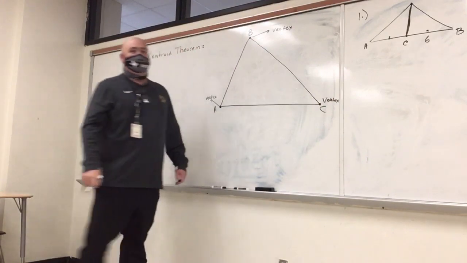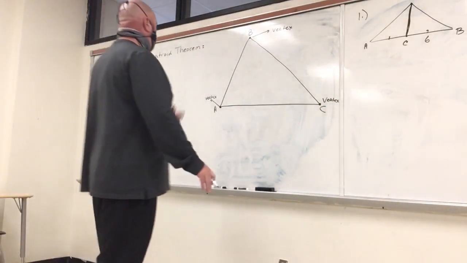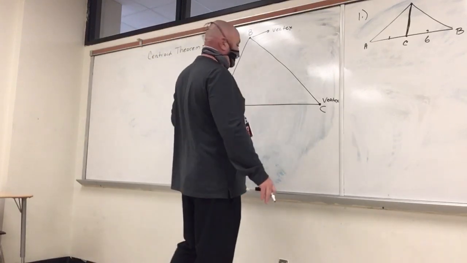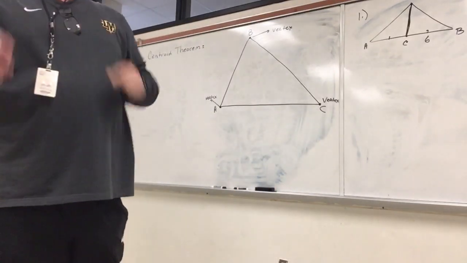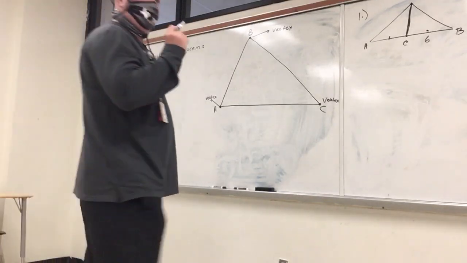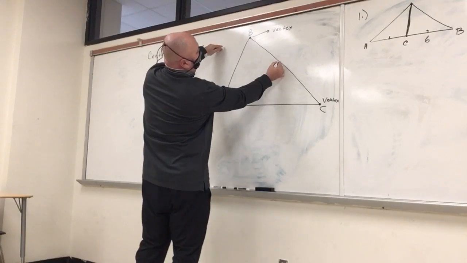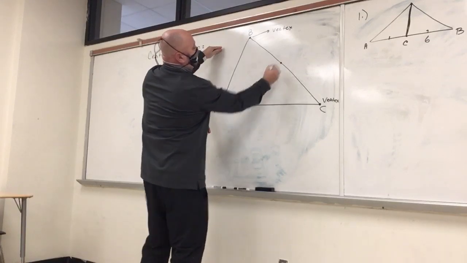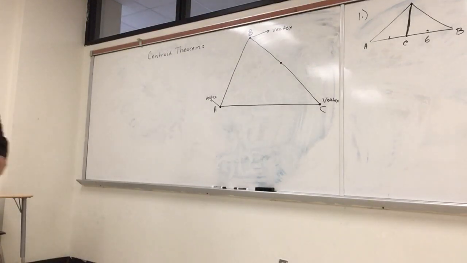Alright, here's what I want you to do now. On each side, AB, BC, CA, I want you to put a dot at the midpoint of that side. So for instance, for BC, the midpoint is about right there. Do that for each side.